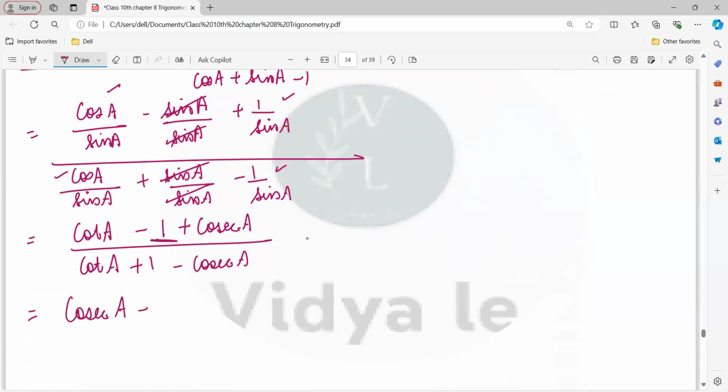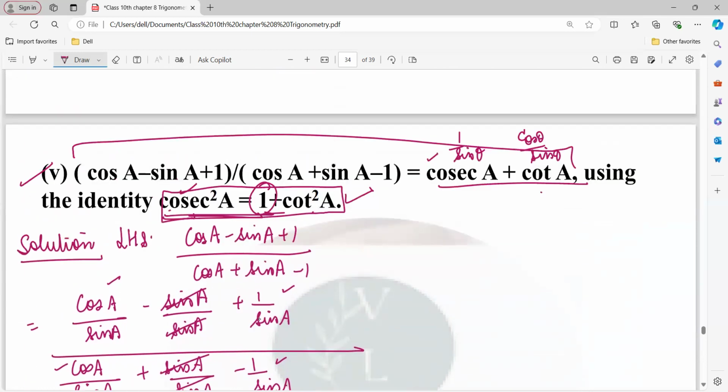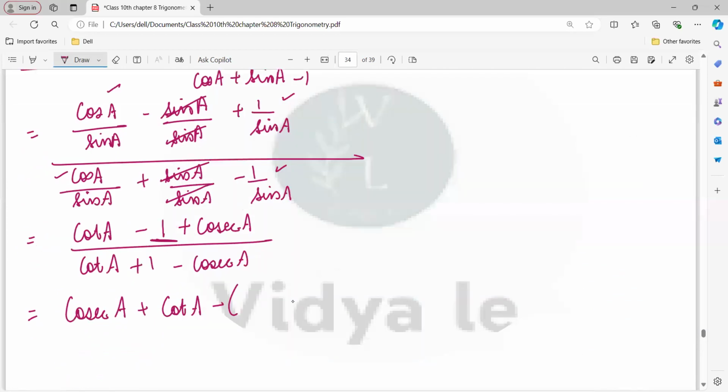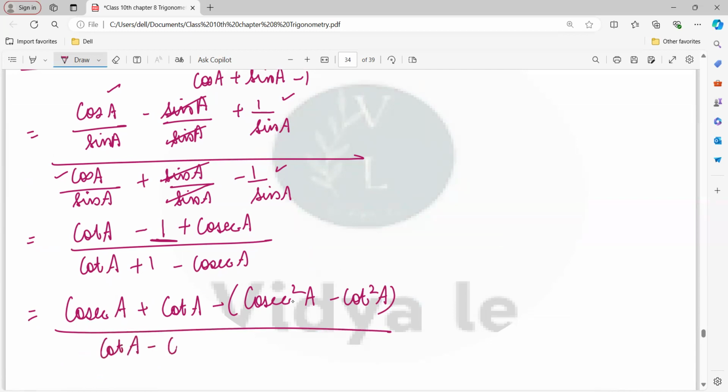We have cosecant A plus cot A minus 1. Instead of minus 1, we will substitute cosecant square A minus cot square A, and in the denominator we'll have cot A minus cosecant A plus 1.